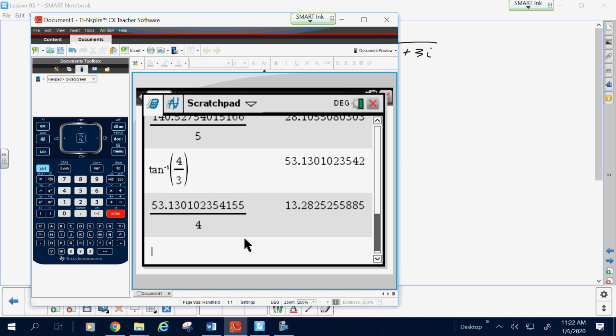I love it. Perfect. And I love that you said cosine I sine. So what's the spacing between the two answers? 90. Yes, indeed.